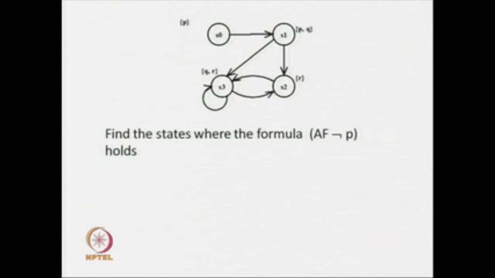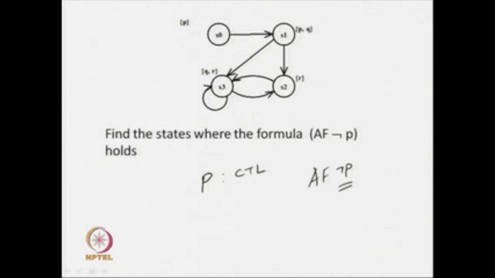Now, this is a simple one that I am again saying. Now, we are going to look for AF not of P. So, this is similar to our AF R only, just we are saying that it is not of P. Now, how am I going to look into it? Say P is an atomic proposition. So, P is a CTL formula, because an atomic proposition is a CTL formula.